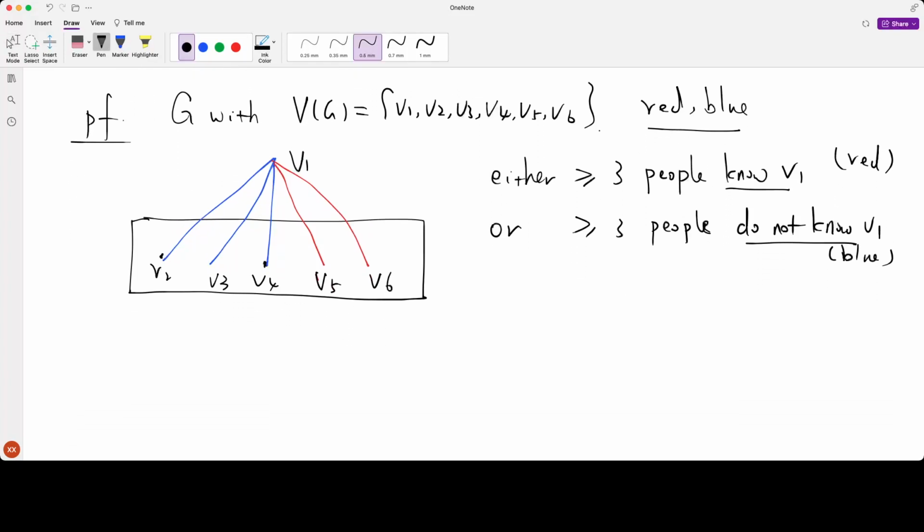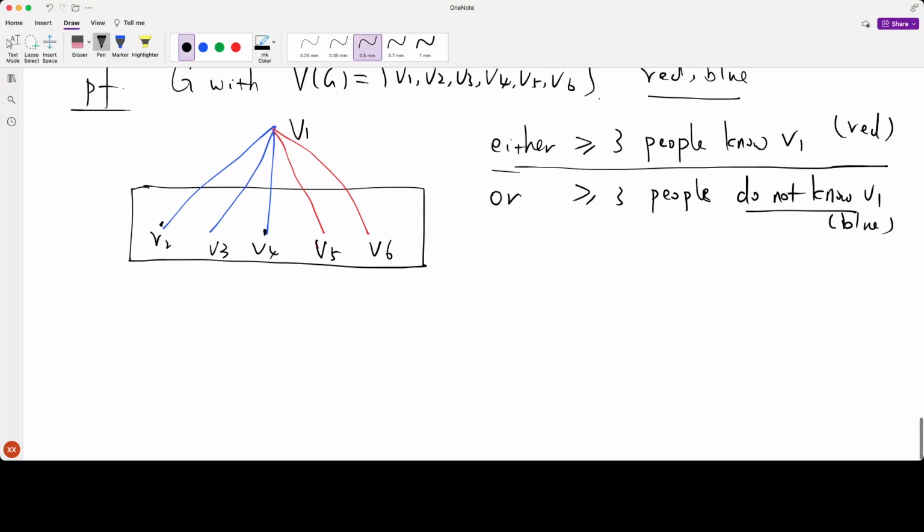Because this is a claim, you can prove it by the pigeonhole principle. I just fix one situation. Other situations you can discuss in a similar way. So let's fix one situation: at least three people know V1.